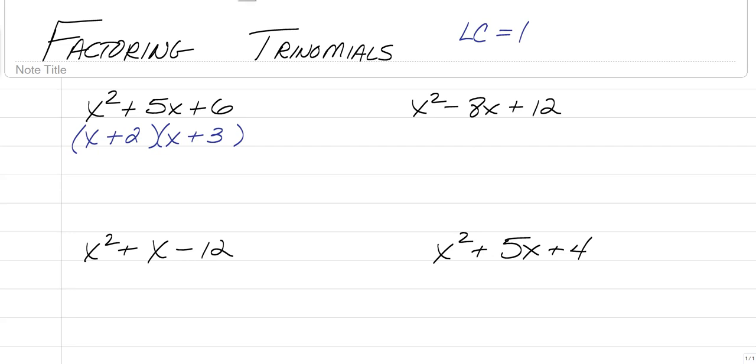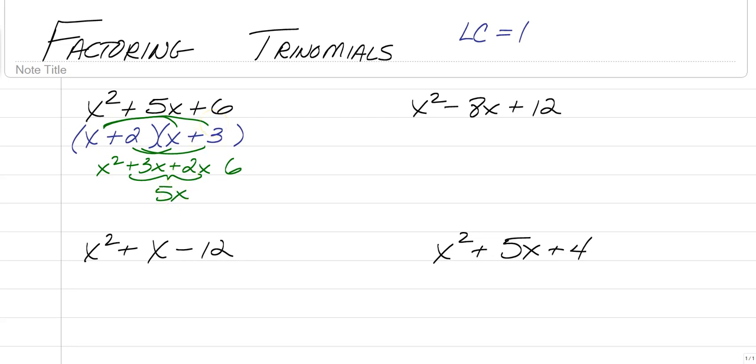Now, just to go back and show you, back in the day when you used to call that foiling, you would multiply the x times x and get x squared. And then you would say x times 3 is 3x, then 2x, and then 2 times 3 is 6. And then you would combine these two, 2x and 3x would add up to 5x, and that's how you ended up with x squared plus 5x plus 6.